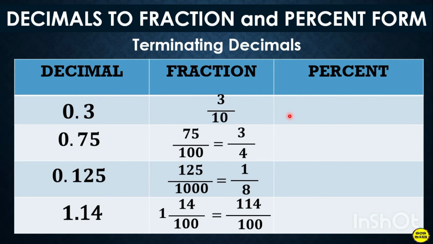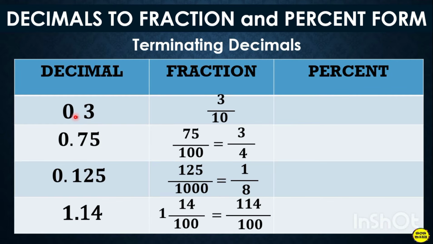Next, let us convert the given decimals and fractions into percent. As I said, when converting decimal into percent, as mentioned in our previous tutorial, since percent is always 100%, you just have to move the decimal point to the right, two times.